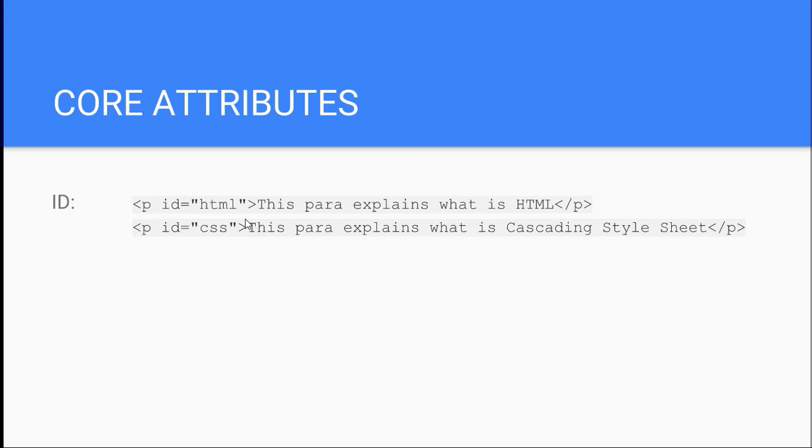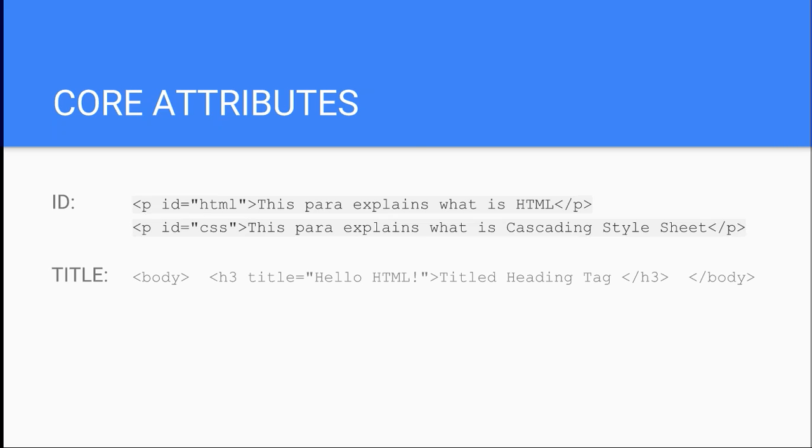So we are not going too deep into this, because for beginners it's going to be a bit confusing. I will discuss the ID when we go deep into HTML and CSS. Currently I'm just introducing that ID is one of the core attributes, and the other one is the title.